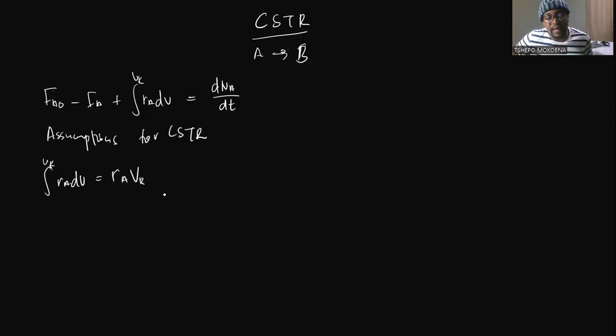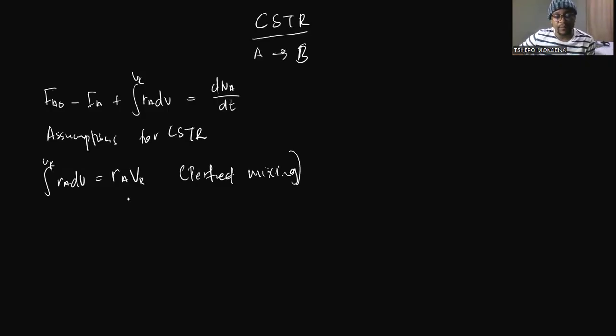We change the integral because of perfect mixing, which I already explained under the batch reactor. There is no variation in volume while the chemical reaction unfolds within the reactor.